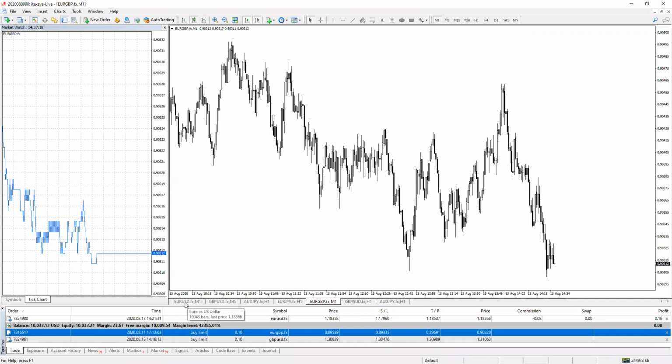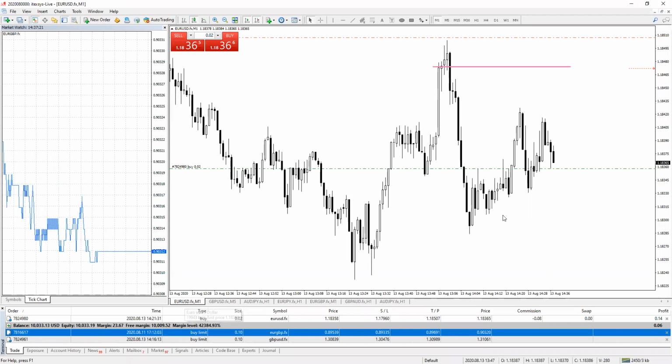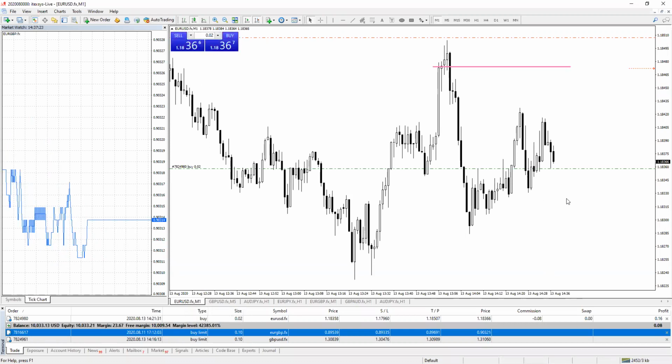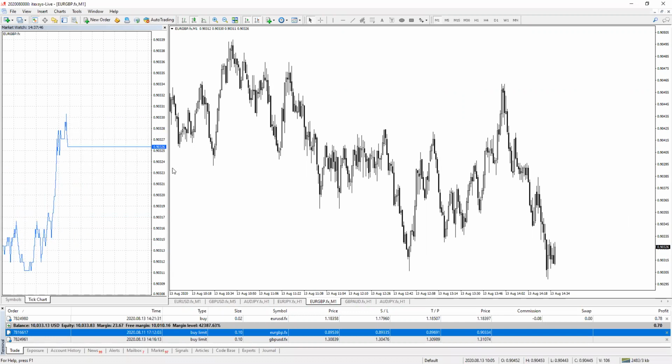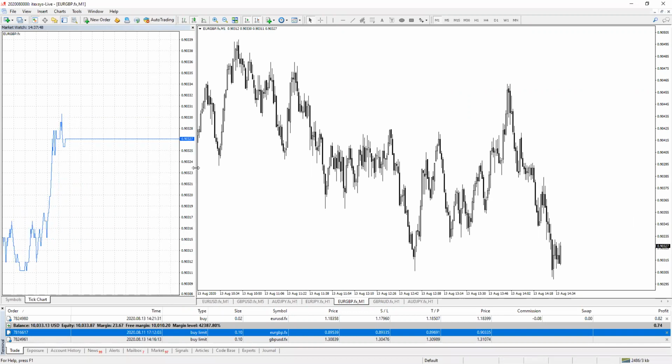Euro dollar is still undecided. Let's go back. Okay, something is happening. I think it's ready to start drilling up.